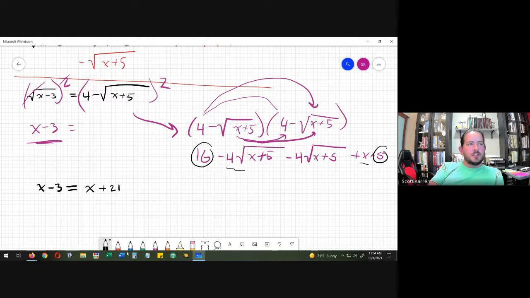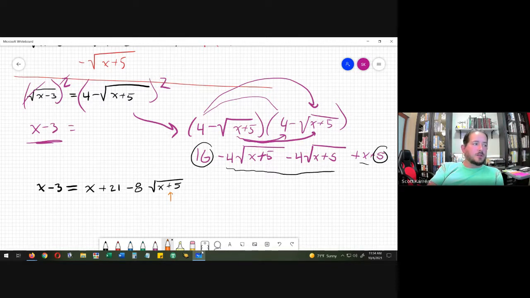And then I have these two terms that are the same, the root. So I get minus 8 root x plus 5. So what did that get us? Well, now I only have one root. But guess what I have to do? I have to get everything away from that root, shove it off to the other side, and square again, right?